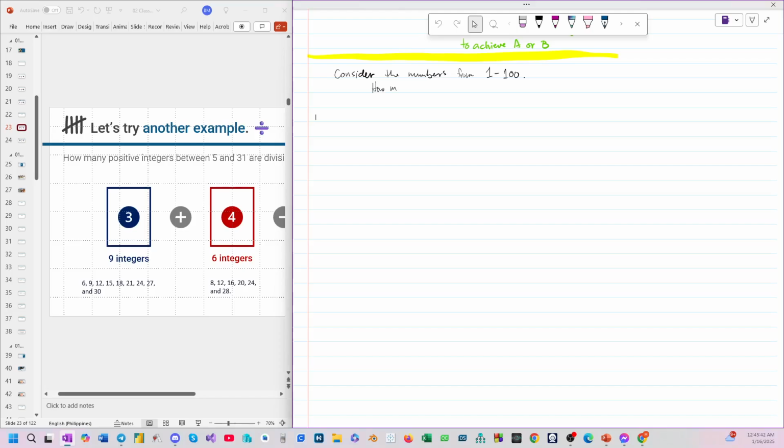How many positive integers between 1 and 100 are divisible by 2, 3, 4, 5, or 6?